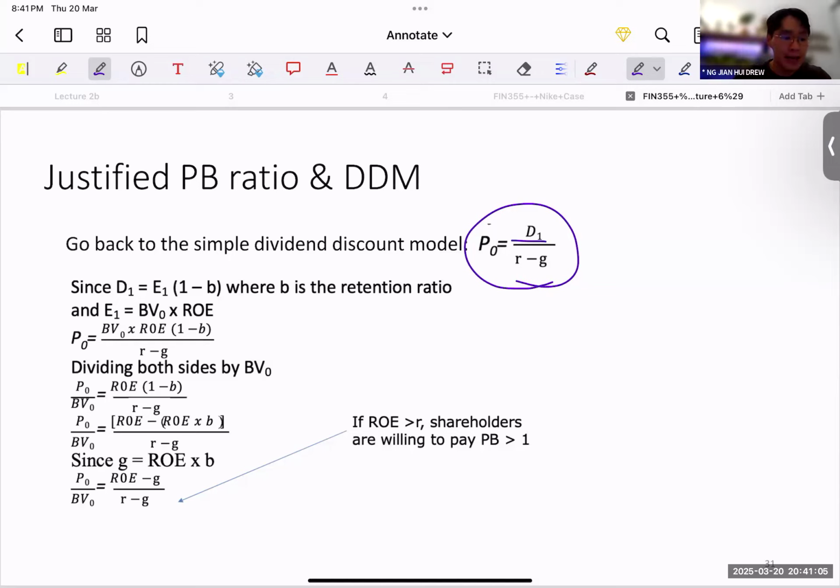It means your amount of earnings multiplied by 1 minus b, which is your retention ratio. So what you did not retain is distributed out as dividends. So your dividends D1 equals earnings E1 times 1 minus b.